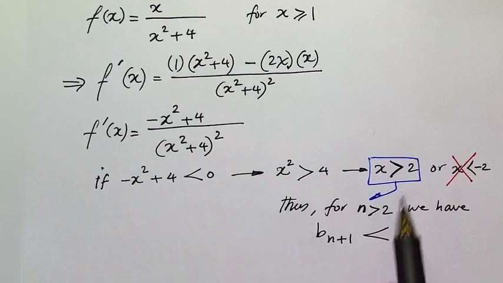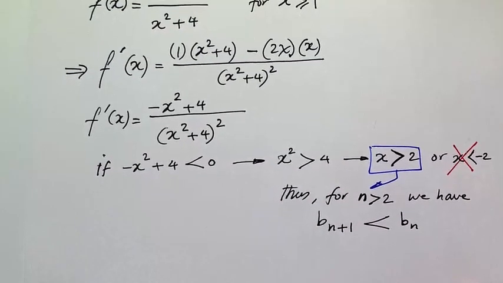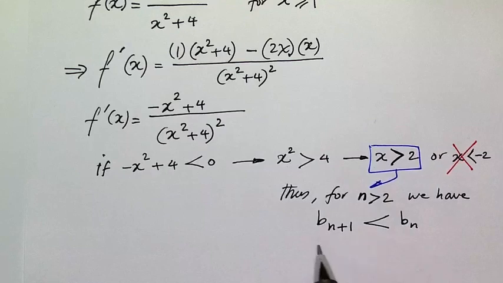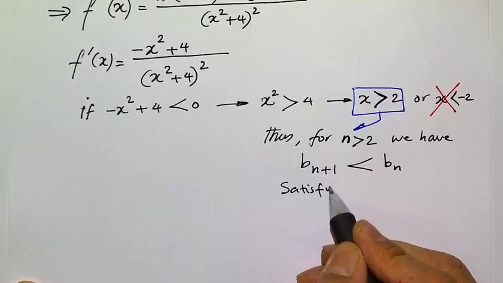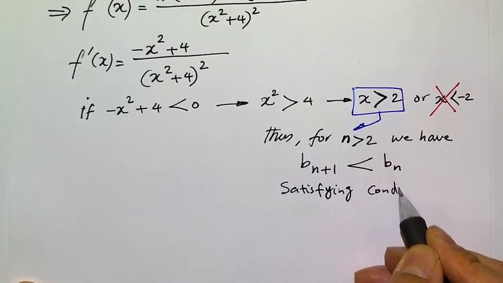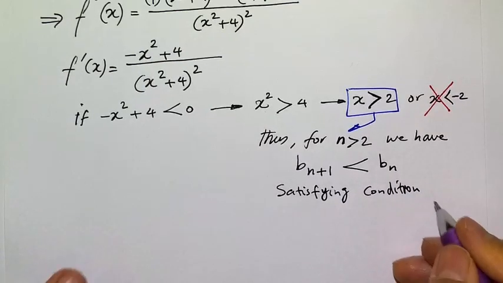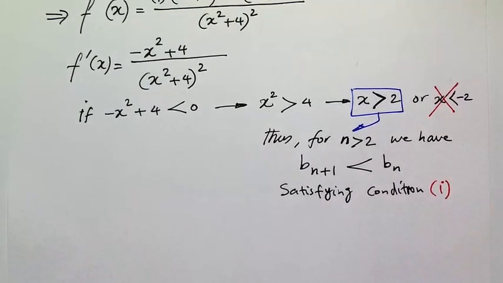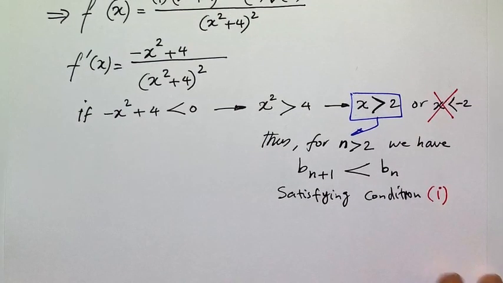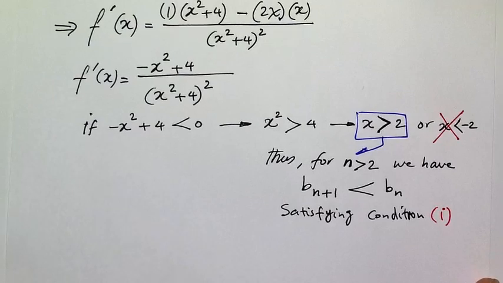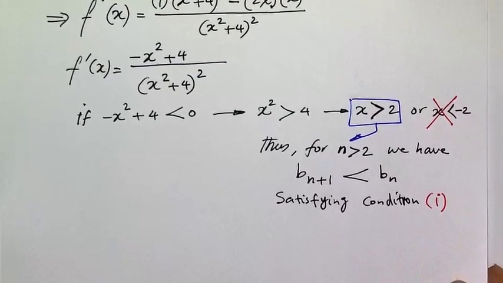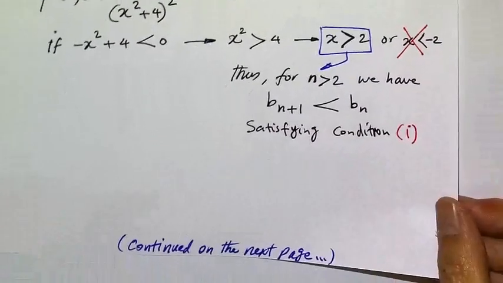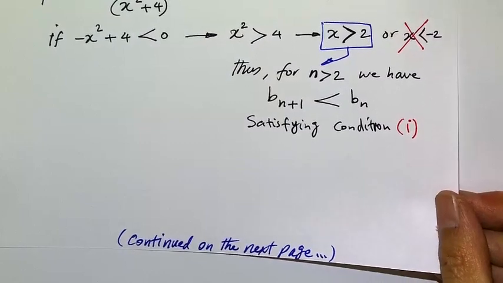So the first derivative helped us establish that, and so we are satisfying condition 1. All right, now we also have to look at the limit of the bn's and see if it equals 0. So let me do that. I'd better move to the next page, as I don't want to clutter this page too much.